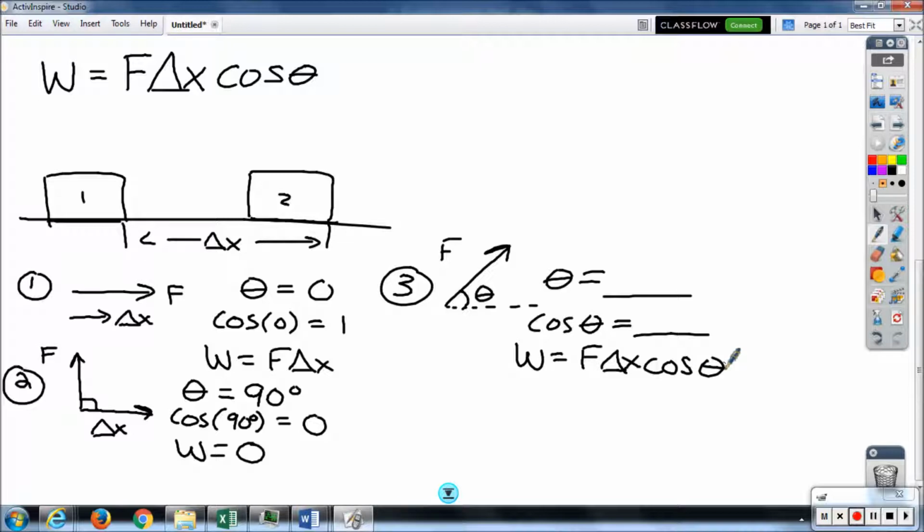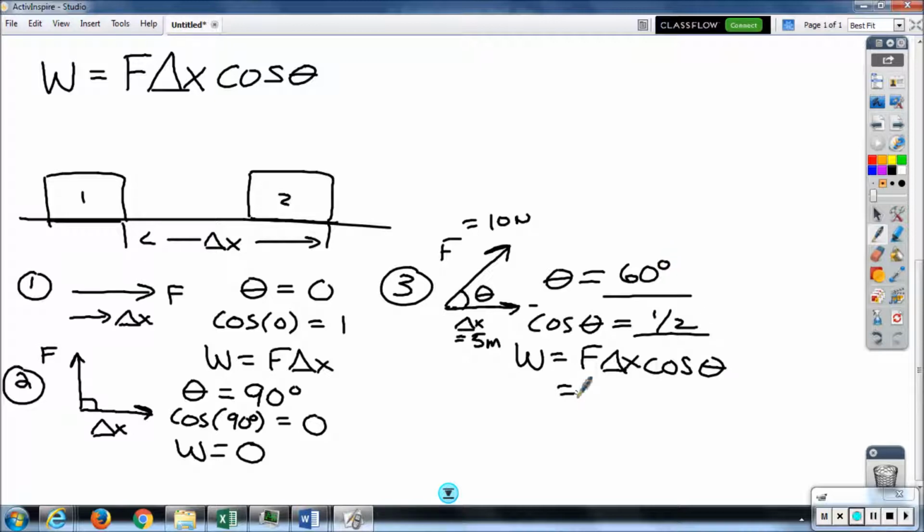So let's take an example. Let's say F equals 10 newtons and delta x equals 5 meters, and let the angle be 60 degrees. The cosine of 60 is 1/2.